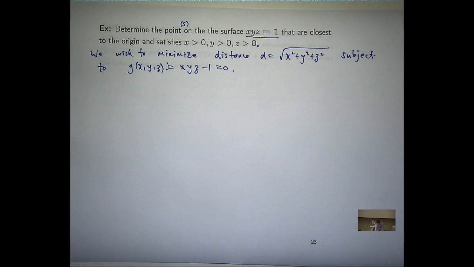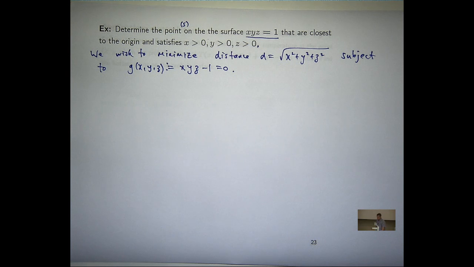Now, you could proceed that way and not have a problem. However, it makes more sense to be a little bit more careful and more simple with this distance function. Who said the sphere before? Somebody mentioned the sphere, yeah. So rather than minimizing the d function, I can get rid of the square root, and just minimize x squared plus y squared plus z squared, right? It saves us playing around with square roots when we're calculating derivatives.